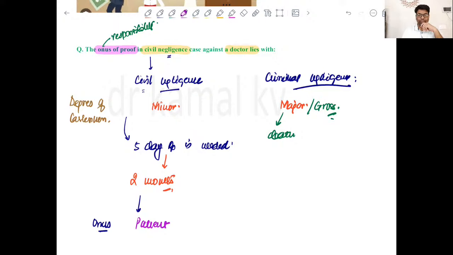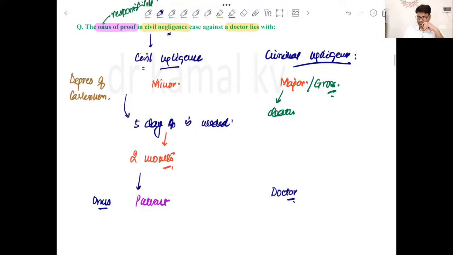But in cases of criminal negligence, the onus is on the doctor to prove that he is not involved in all this. He is not responsible for all this, right? So he should not be convicted in this case, right?